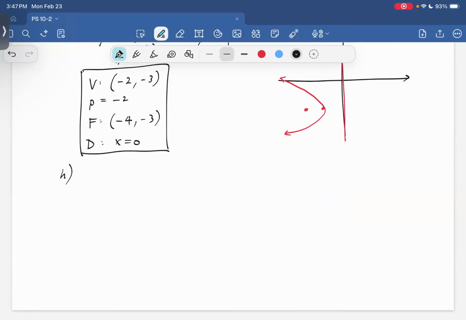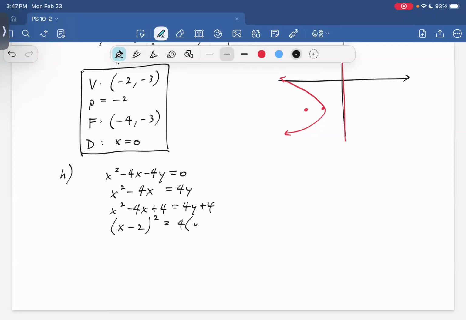Question H, x squared minus 4x minus 4y equals 0. Isolate both sides. Complete the square. So the vertex is 2 comma negative 1. p is equal to 1.